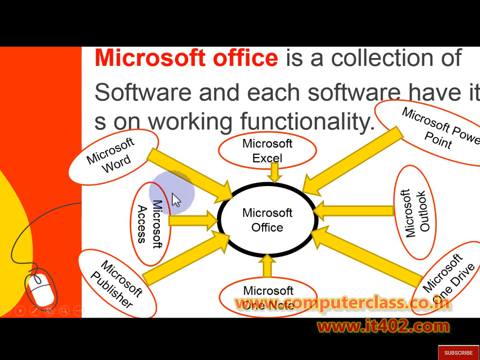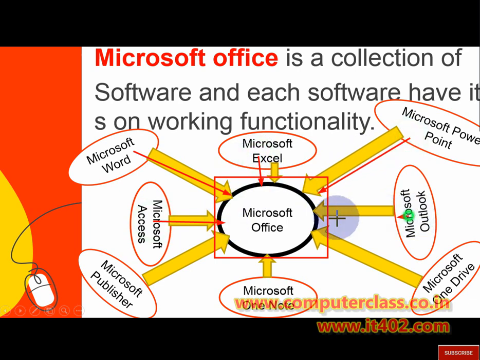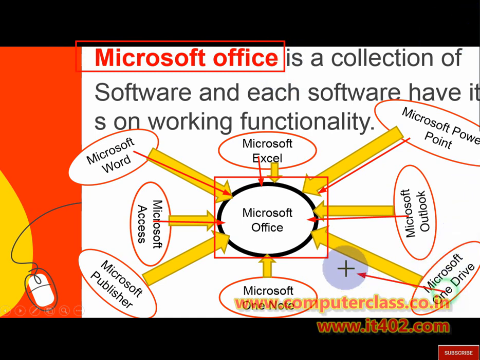So now the picture is clear. Here is Microsoft Office, and all these software are connected with it. If we need Microsoft Word and Microsoft Excel on our computer, we only need to install one software, called Microsoft Office. Then we can easily access all of them.